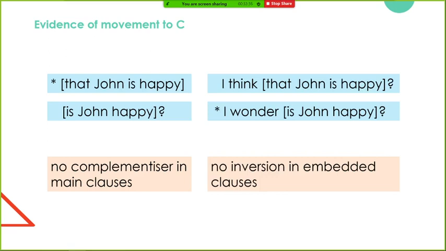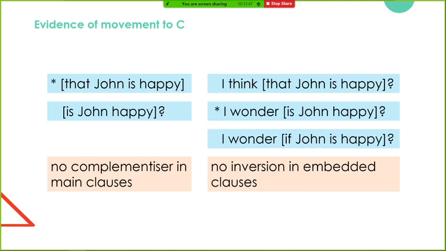Therefore, we can never come up with a clause where we would expect both of these things to appear, because they both appear in different types of clauses. In fact, the way to pronounce an embedded yes-no question is precisely with the complementizer if. Okay, and you can get complementizers in embedded clauses, but not inverted auxiliaries.